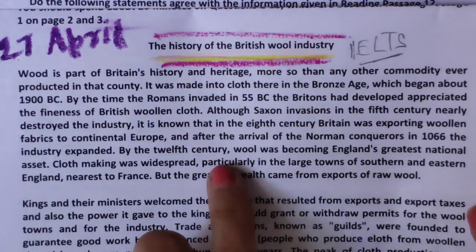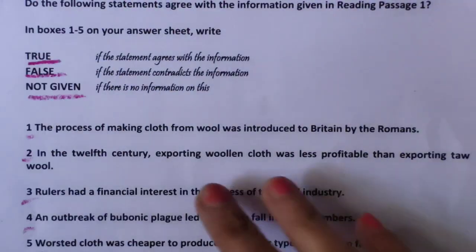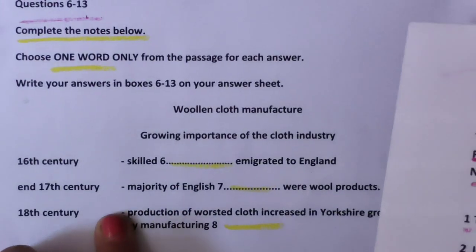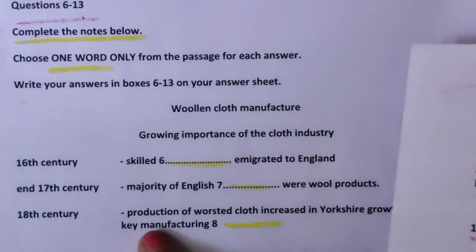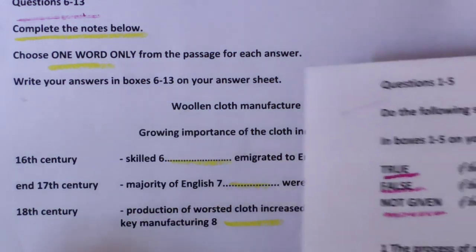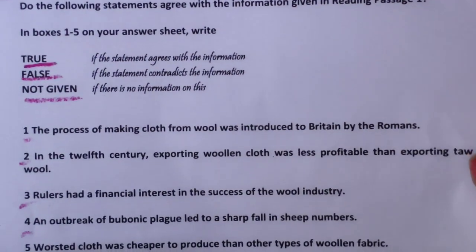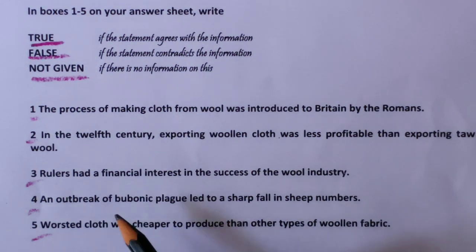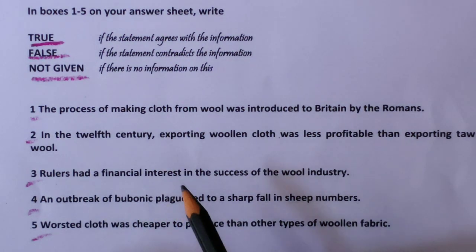For this reading, the first type of question is true, false, not given, and the second is complete the notes below, which means fill in the blanks, and they have given a one-word option. Okay, so let's start with the first type of question, true false not given. So how to do true false not given? It's important to follow your strategy, the keyword strategy.